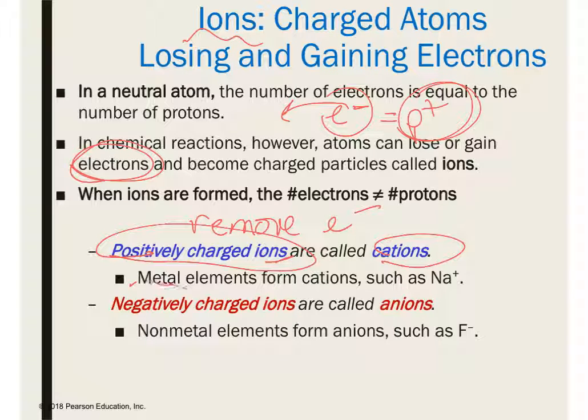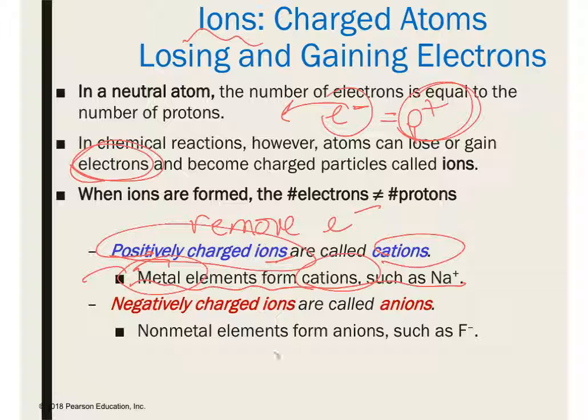And just a little piece of trivia that'll come in handy as we move on to chemical reactions. Metals, which are located to the left of the periodic table, form cations. They tend to donate electrons during a chemical reaction and form cations.